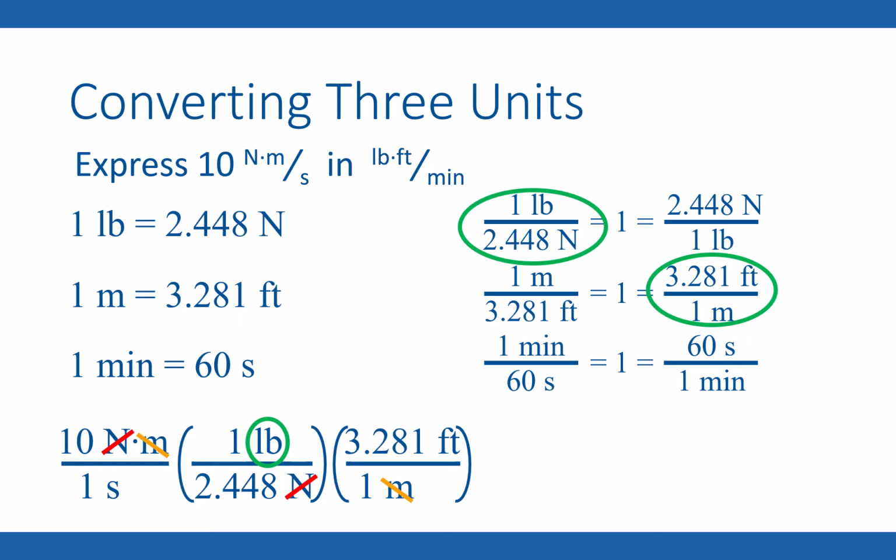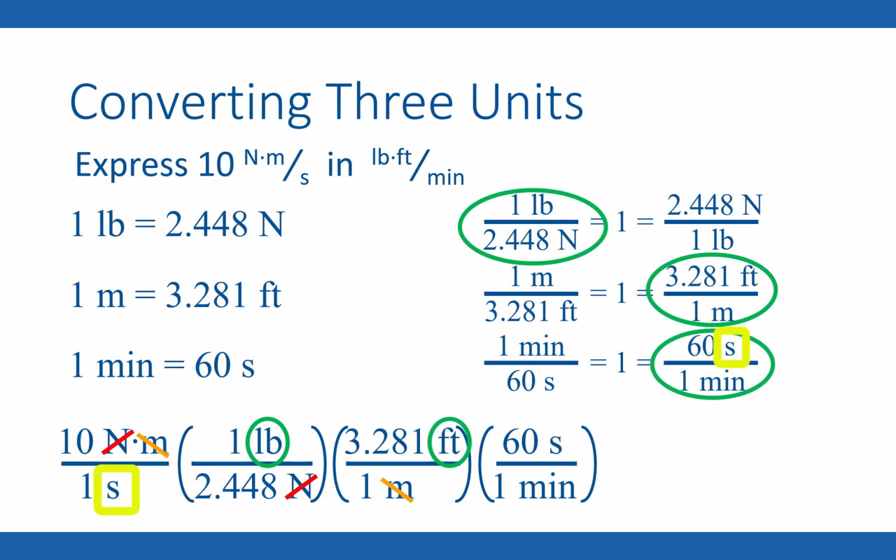This cancels out the meters, leaving feet in the numerator. The original quantity has seconds in the denominator, so to cancel the seconds, we need a conversion factor with seconds in the numerator. Canceling the seconds leaves minutes in the denominator. Using a calculator on the numbers, we end up with 804.2 pound-feet per minute.